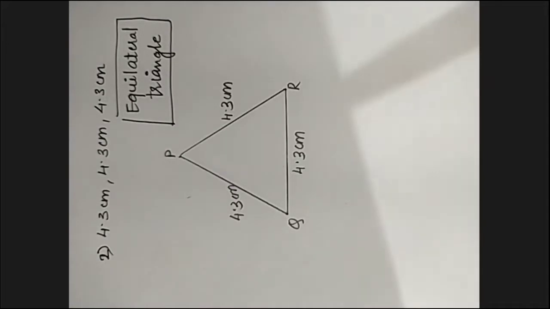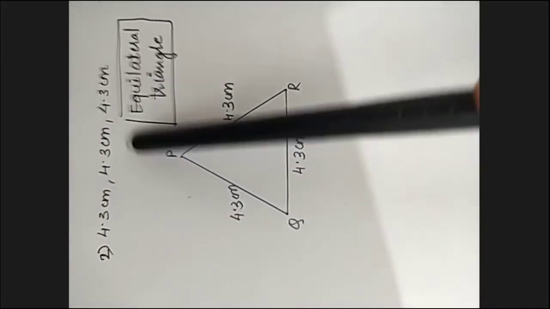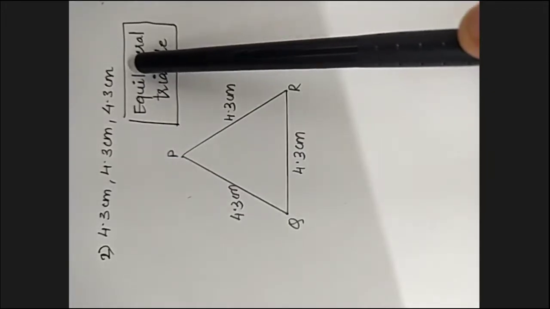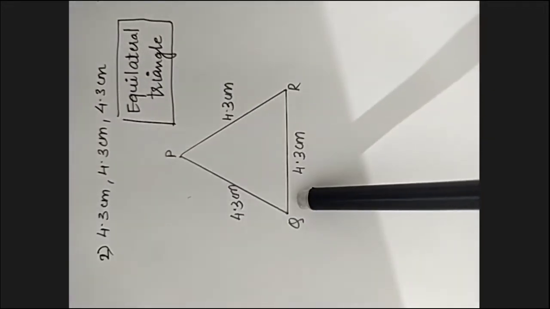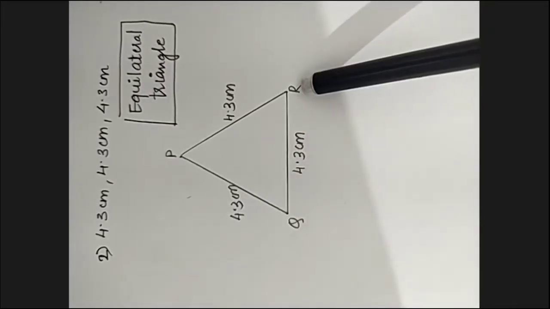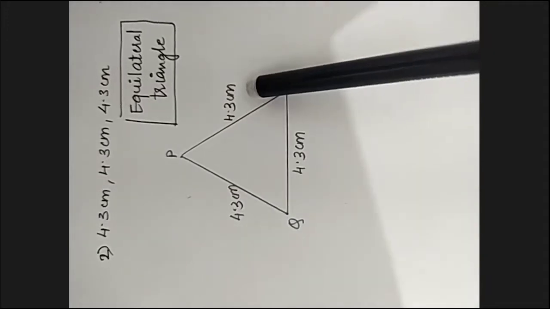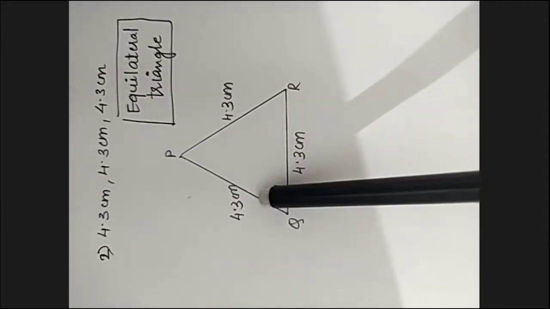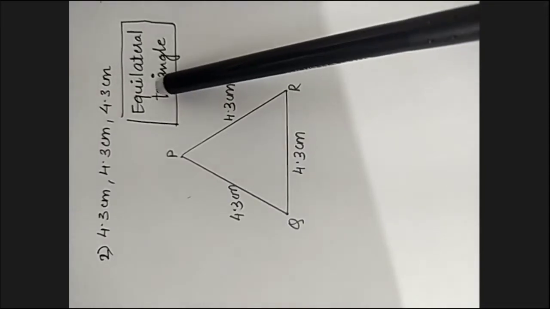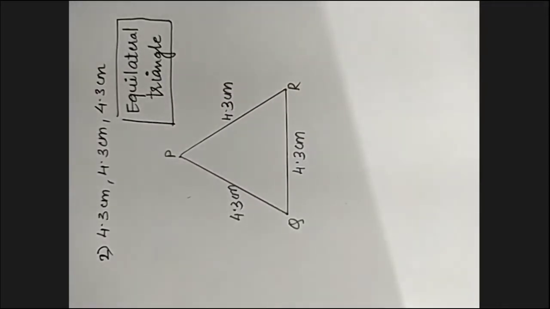Now we have the second one, that is 4.3 centimeter, 4.3 centimeter and 4.3 centimeter. So when you draw the triangle, that is 4.3 centimeter at the base and 4.3 centimeter on both the other sides. So this clearly tells us that this is an equilateral triangle because it has all the three sides equal.